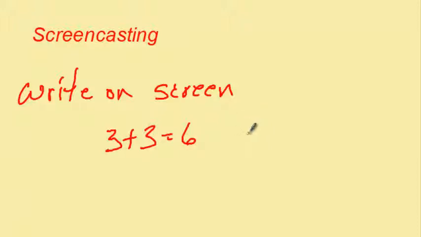And anything that's on my computer screen while I'm talking, you'll see in the finished video. So instead of seeing my face all the time, this will be the more common way that we'll receive instruction, through a screencast. And I wanted you to get a quick example of that. That's basically how we're going to do things in my classroom this year.